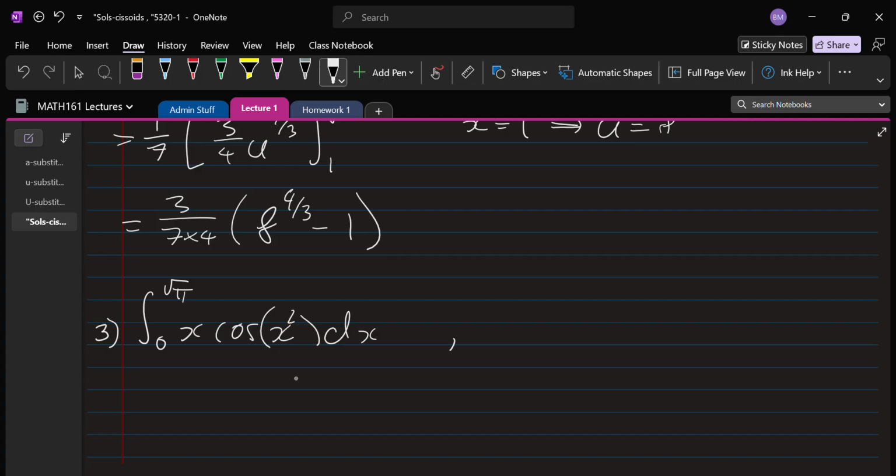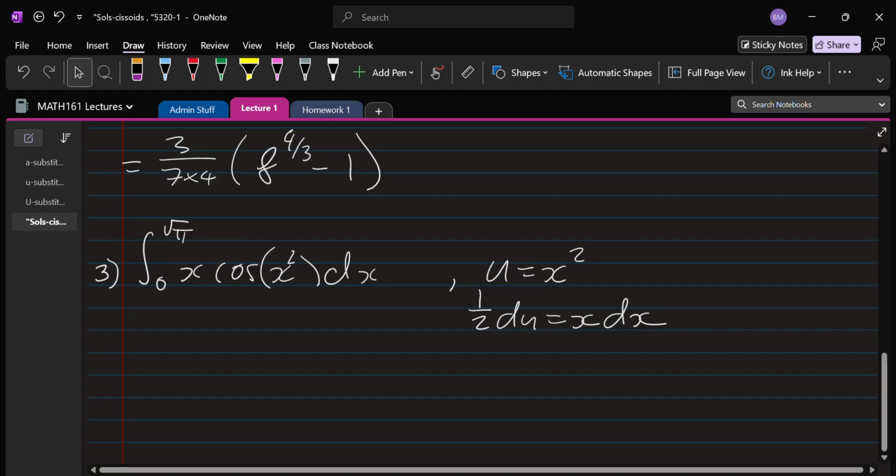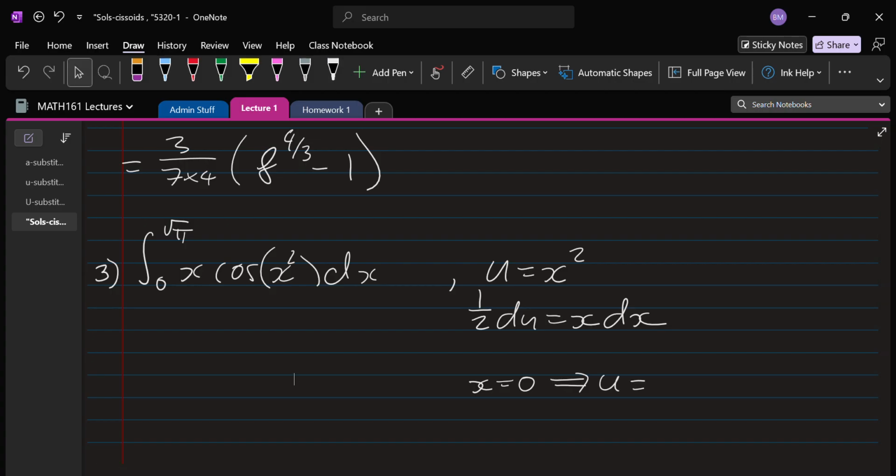Outside function cos, inside function x squared, the 2's inside there, so we let u be x squared. So we have 1/2 du is equal to x dx. Again, from now on, I'm not going to show every step. Please fill in the details. x dx, that takes care of the x over there and the dx over there.